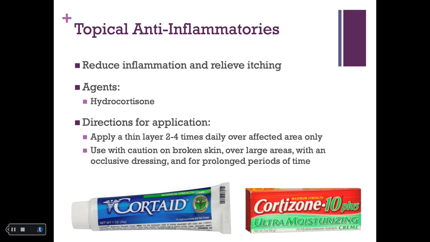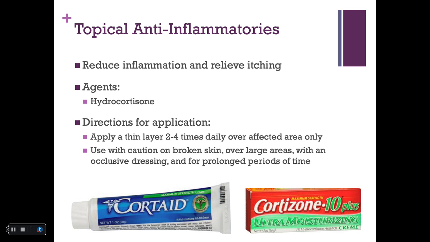If you think back to the very beginning of the presentation, I talked about that there is an inflammatory phase that lasts a couple of days. We may want to wait at least a day or two after injury before putting this on so that we get the good benefits out of having some inflammation at the site of the injury. The active ingredient in anti-inflammatory products is hydrocortisone.